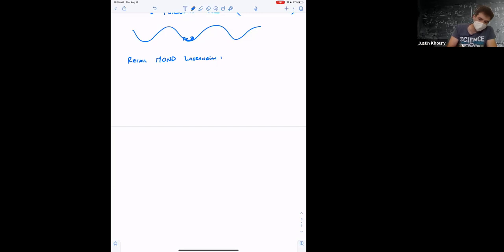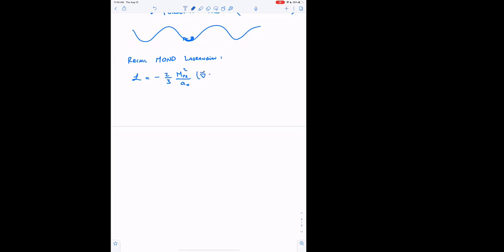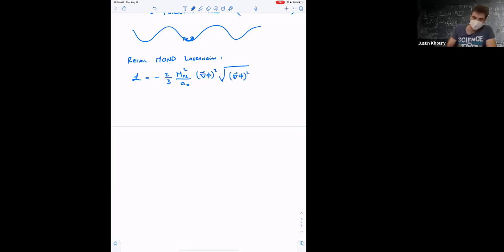So this Mond Lagrangian was of the form minus 2/3 M Planck squared over A naught, grad phi squared to the power of 3/2, that is, the square root of grad phi squared, and then this couples to density by rho.